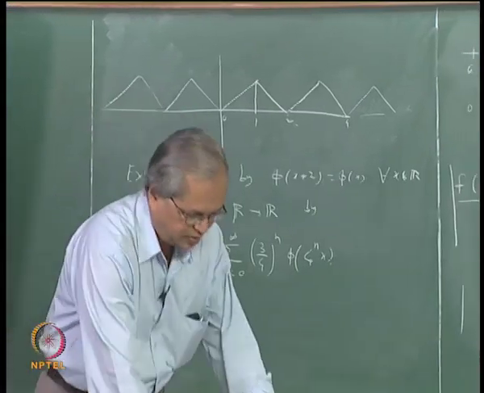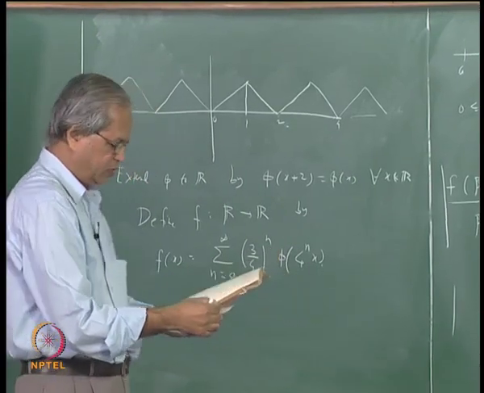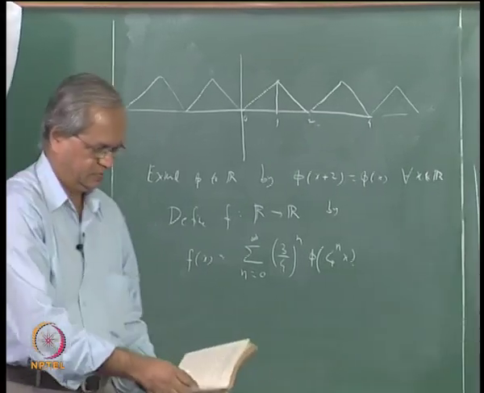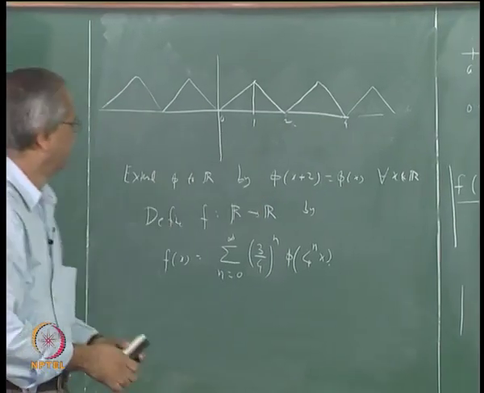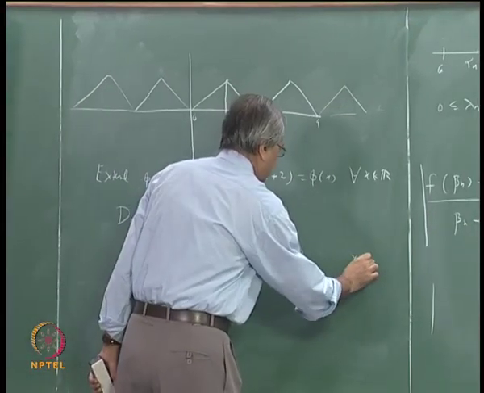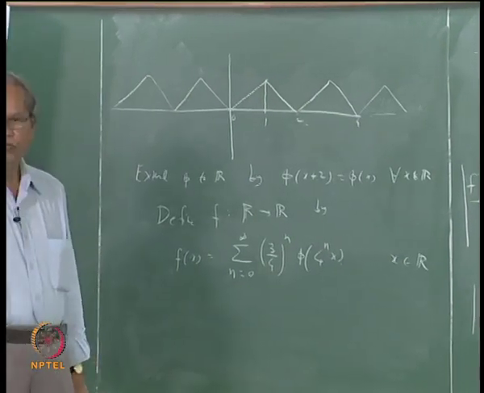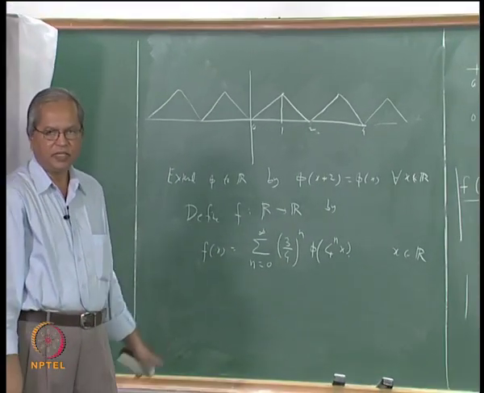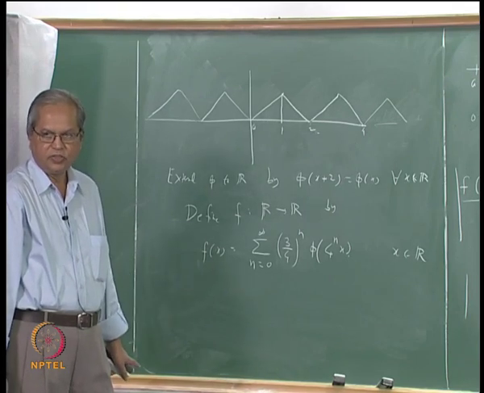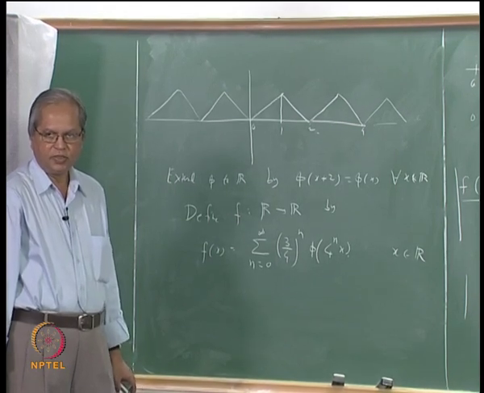Here we can't afford to make any mistakes, otherwise subsequent calculations will all go wrong. This is for each x in R. And now what we want to claim is that this f is the required function, that is, it is continuous everywhere but differentiable at no point in R.